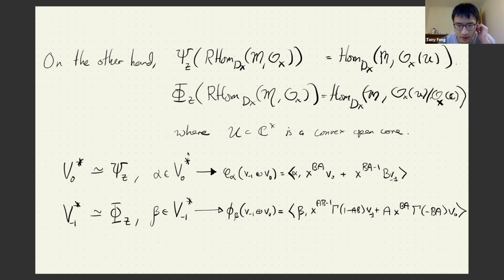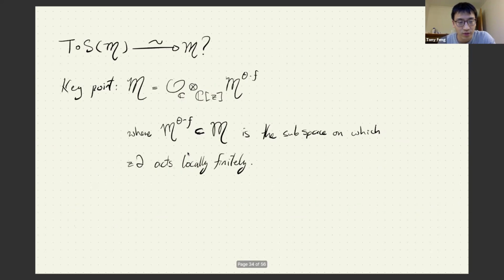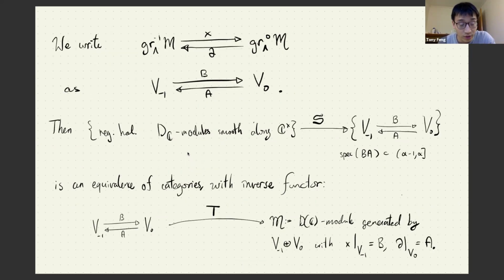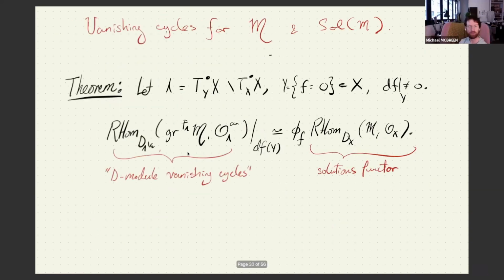Can I ask, how is this example compatible with that general theorem you stated? In that theorem, you were taking the whole associated graded, right? Yeah, that's right. I was taking the whole associated graded, and then I was taking solutions of the associated graded as a D module.